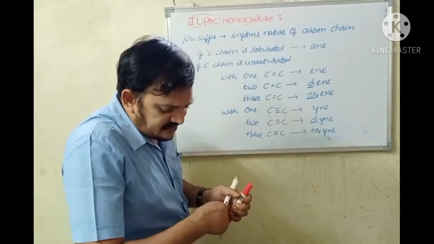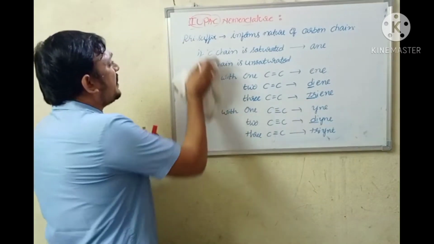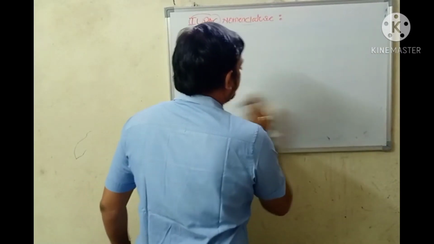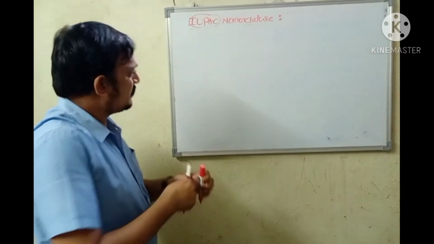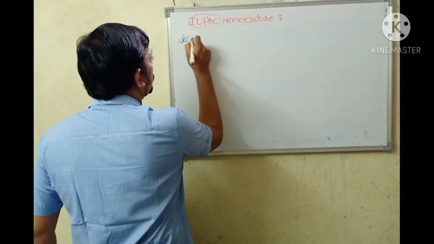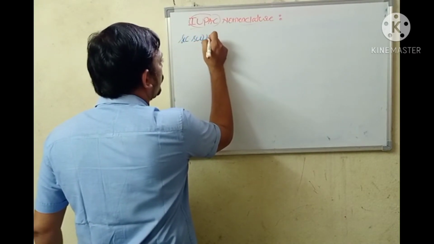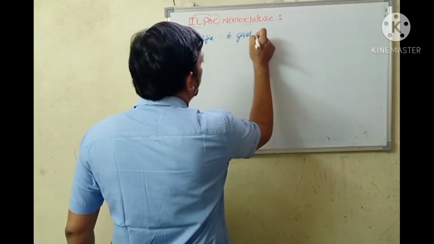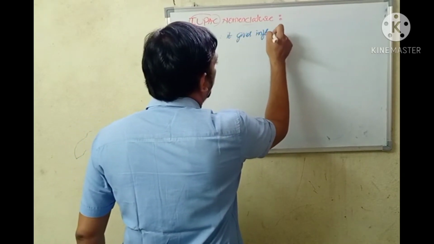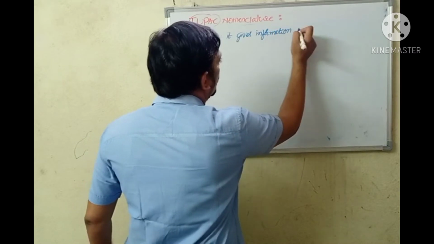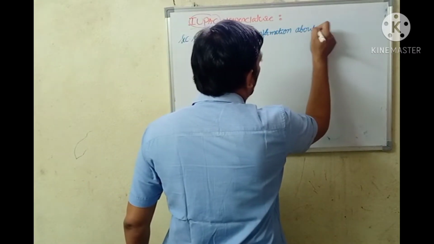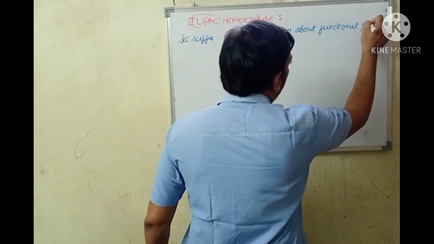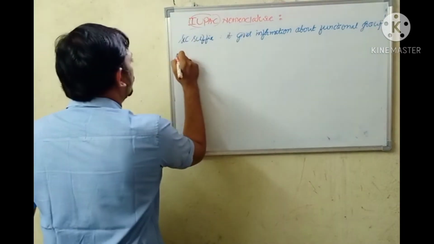Last part of the IUPAC name of a compound is secondary suffix. Already I said to you, it gives information about the functional group in the compound.